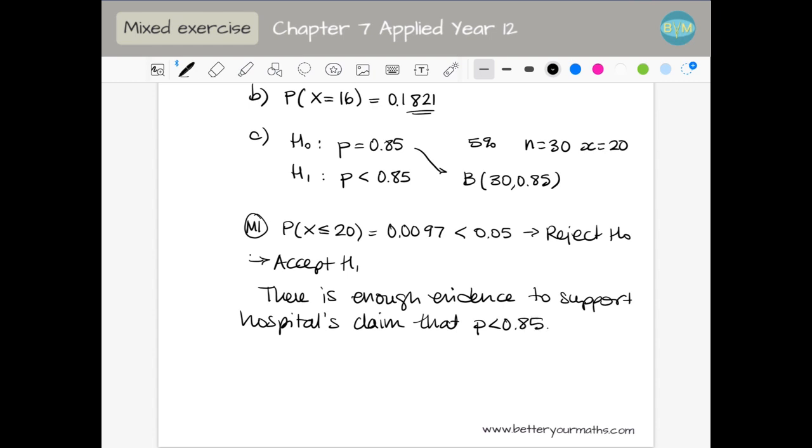Every time we reject the first one, we accept the second one. This is called the alternative because it's what we are going to accept if we reject the other one.